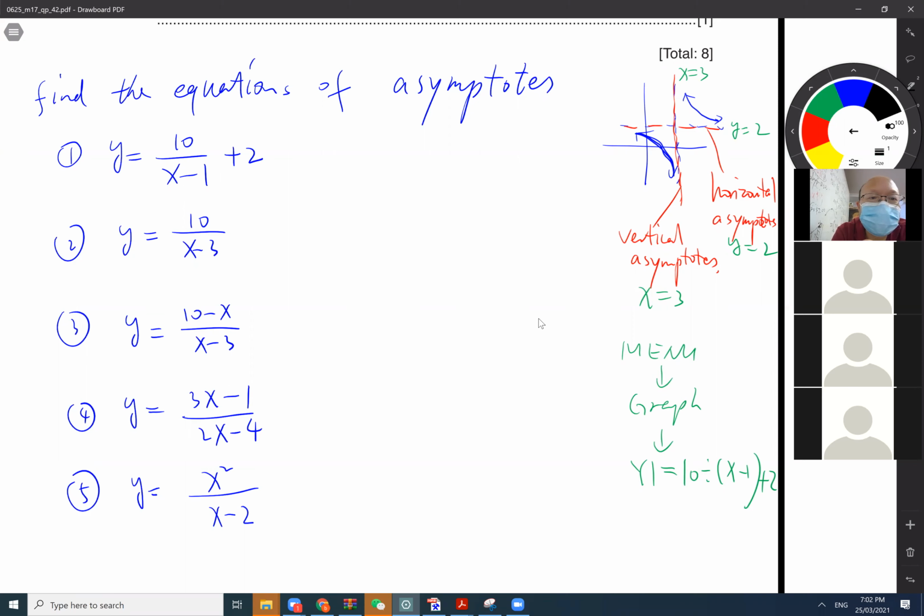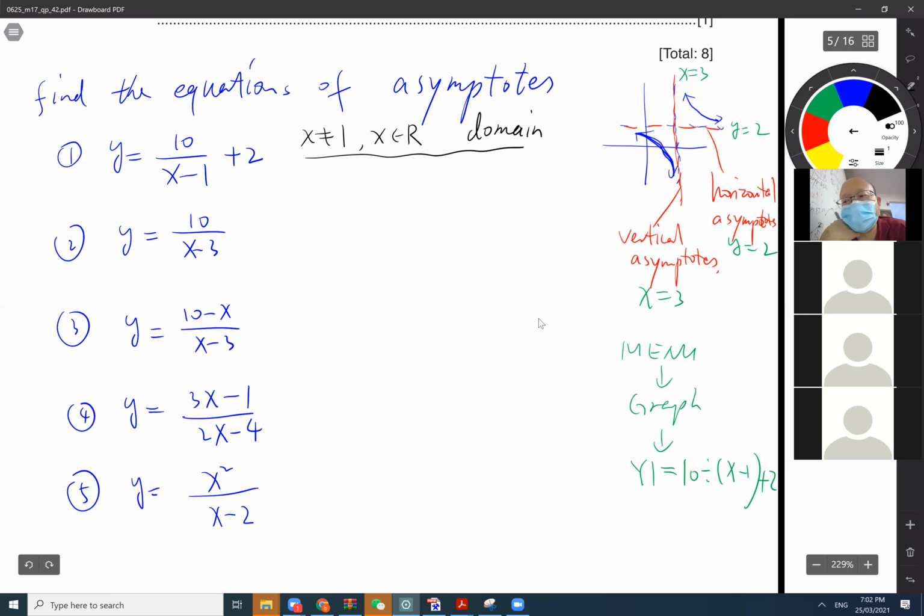Do you know x cannot be 1? Because the denominator cannot be 0. Okay, this is called the domain. This is called the domain, guys.